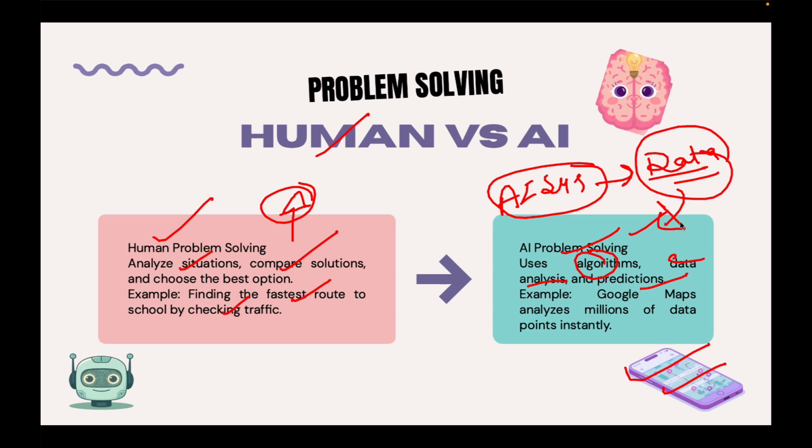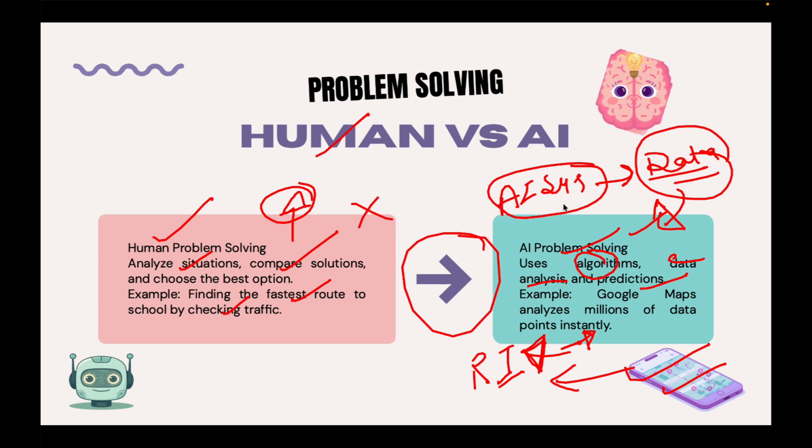And in this situation in Google Maps, it has access to real-time data. Now it can analyze that real-time data, millions of data points available, and then find the best result for you, such as less traffic or whatever you are asking. This is the main difference in problem solving. A human can't do that if there are millions of data points.